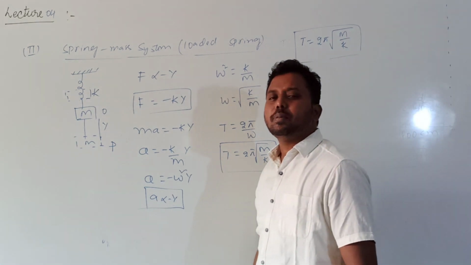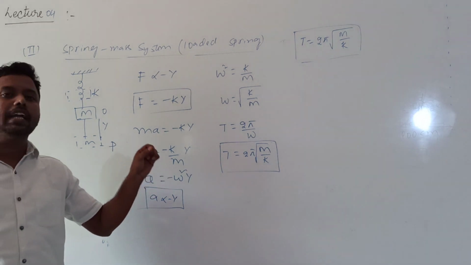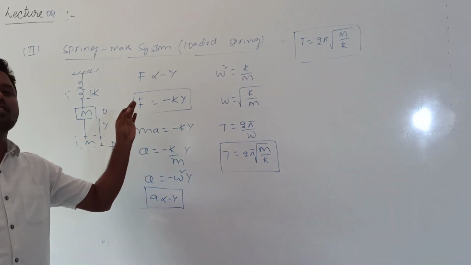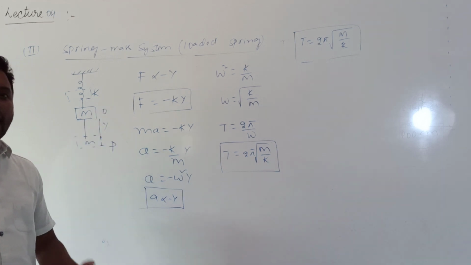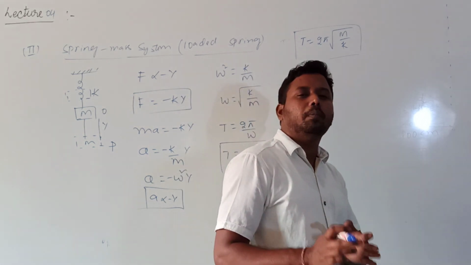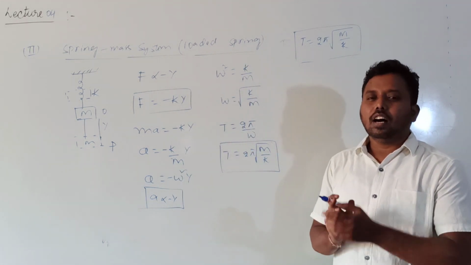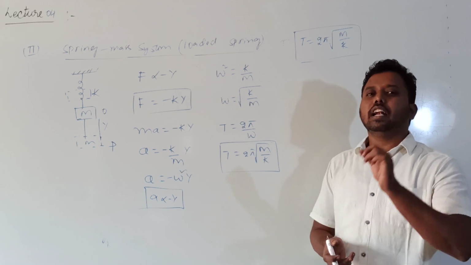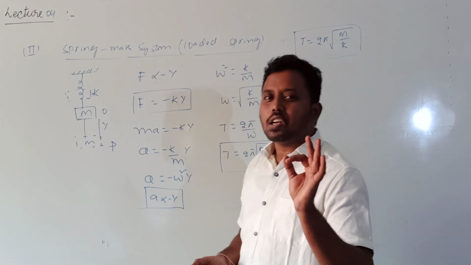The time period depends only on the mass of the block attached to the spring and the spring constant of the spring. And this time period does not depend upon acceleration due to gravity. Whenever you take the spring mass system from one planet to another, or from one place to another, or from the equator to the pole, does the time period change or not? It does not change.